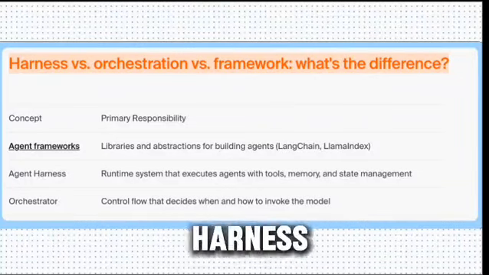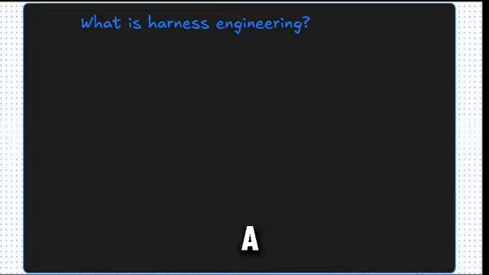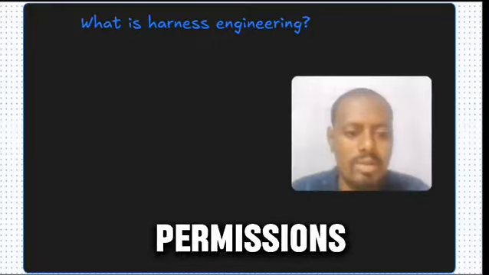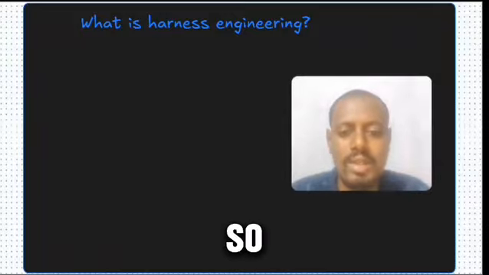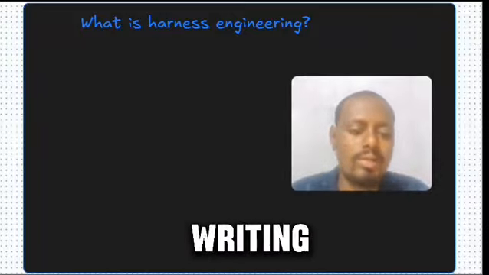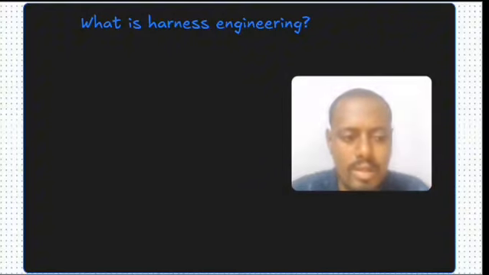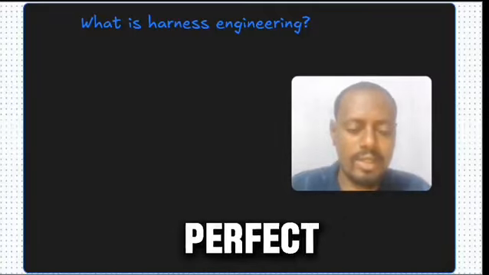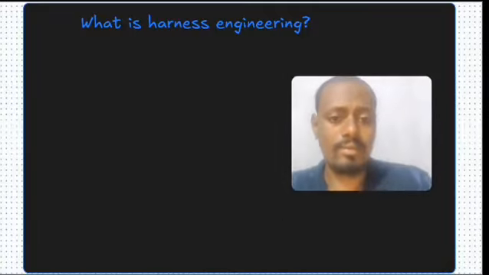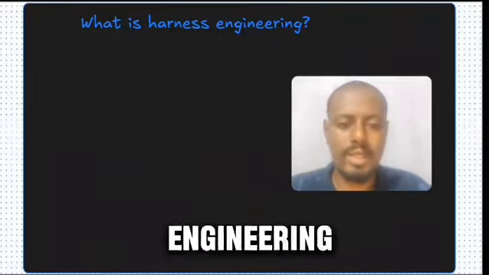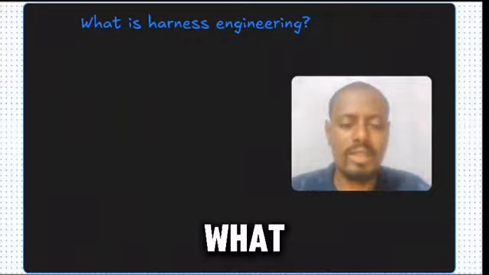Now let's see what harness engineering is. Harness engineering treats an agent error as a system bug. When an agent fails, the harness engineer changes the context layout, sandbox permissions, or testing checks. So the engineer stops rewriting the prompt. They alter the execution environment so the model cannot make the same error again. We have seen prompt engineering, context engineering, and harness engineering. What is the difference?